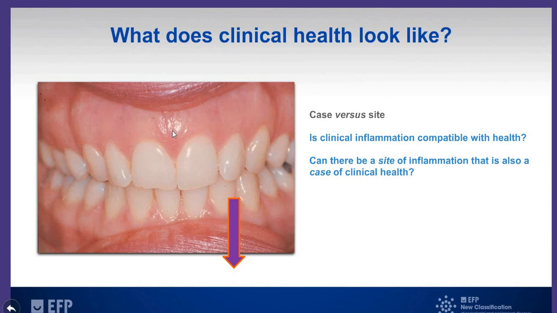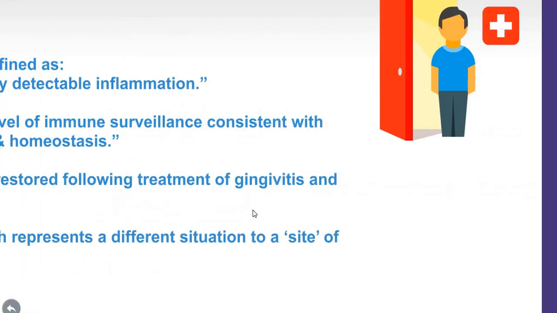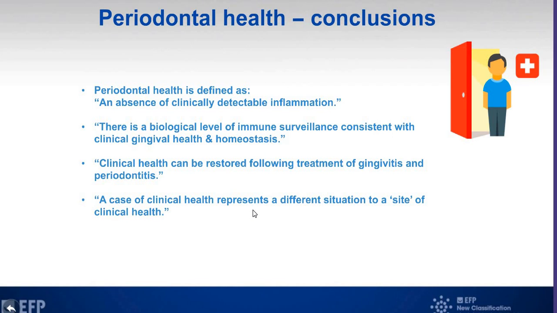You have a pink gingiva, you have no swelling, you have sharp edge papilla. The rest of the gingiva, there is no bleeding. So you can cope between the site of inflammation with the clinical health. Periodontal health is defined as an absence of clinically detectable inflammation.